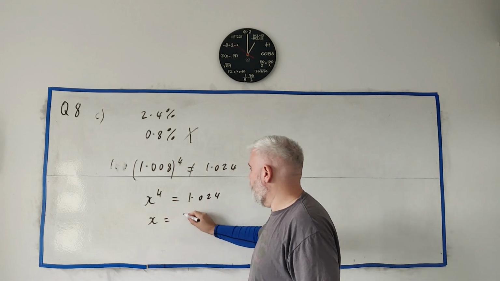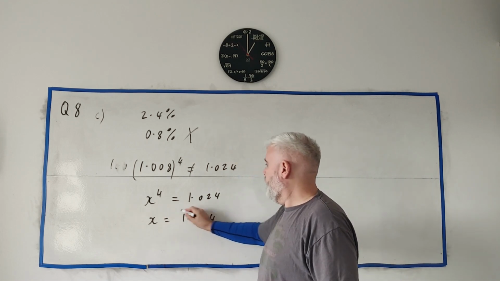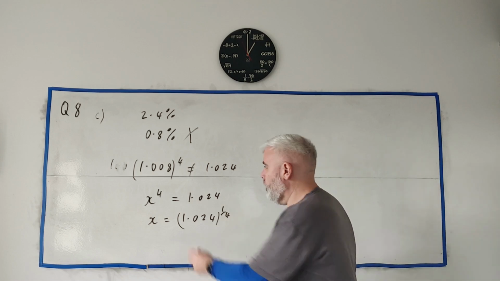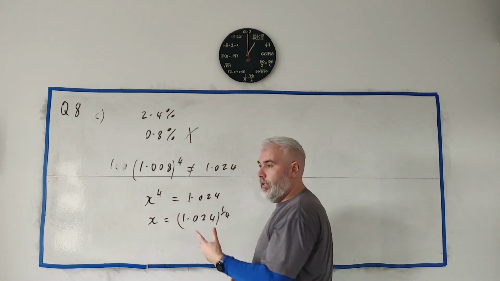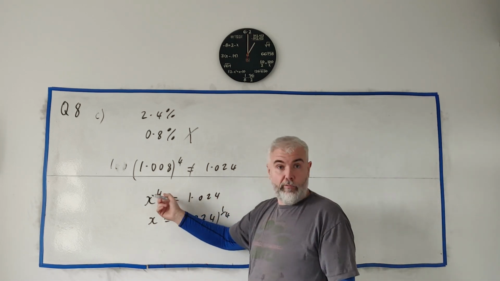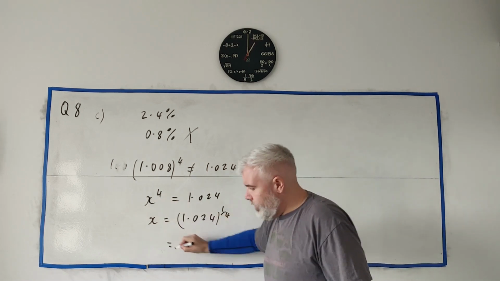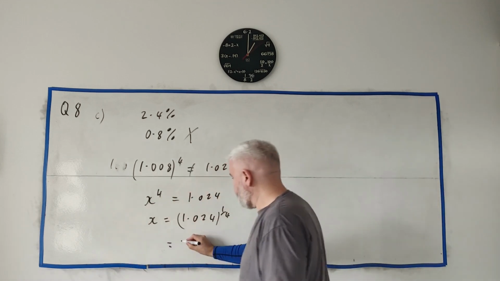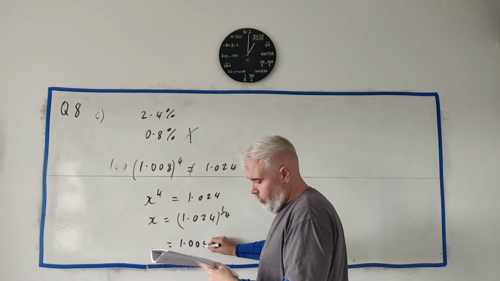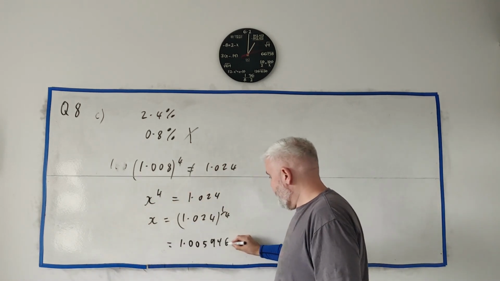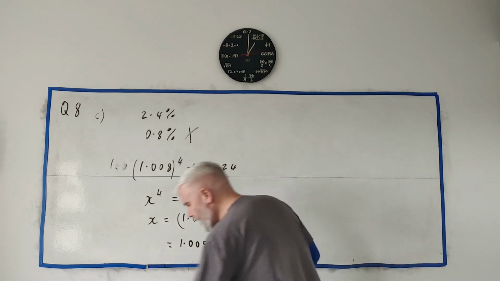X is equal to 1.024 to the power of 1 over 4. If we take the 1 over 4 of both sides, this 4 disappears and this one appears here. And this would end up giving us 1.0059467. It would give us this number.